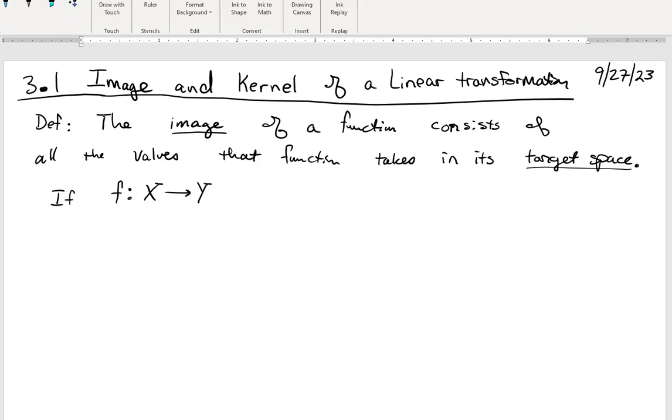If f from x to y is a function, and the word function means some action that pairs input with output, some action that you do to something that's a member of x, and it transforms it into something that's a member of y. And in this class, transforming it means multiplying it by a matrix. Okay. But if f from x to y is a function, x is the domain, y is the target space. Let's put a little note of that.